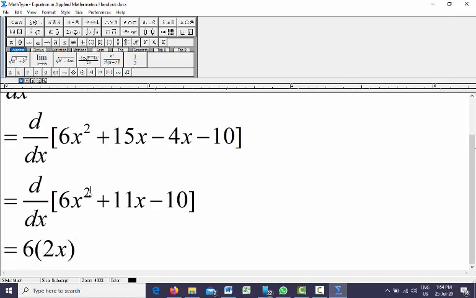We will have 2 there, and from the existing power 2, if you deduct 1, we will have power 1 there. As you know, power 1 you don't have to write. So always remember, if you do differentiation of x square, you will get 2x.